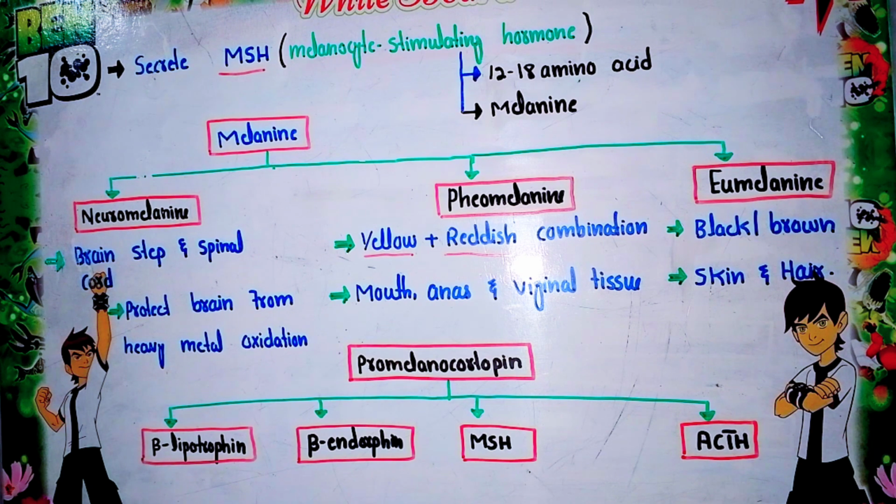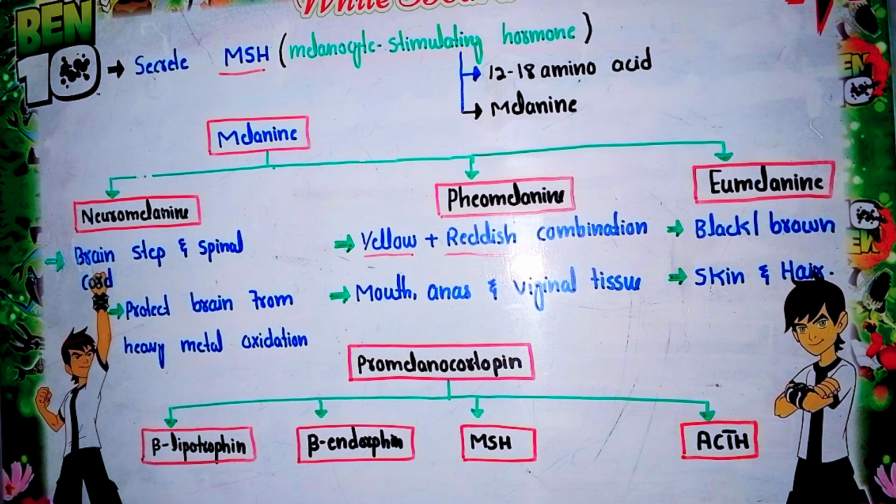Now how is skin pigmentation, or melanin, produced in humans? Right at the anterior lobe of the pituitary gland, a large polypeptide is released.